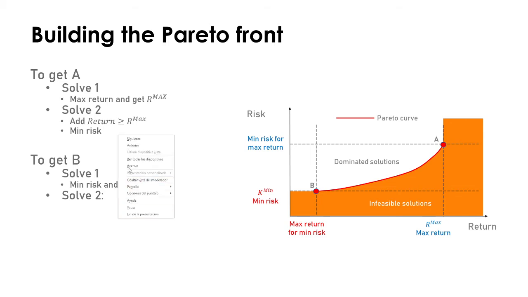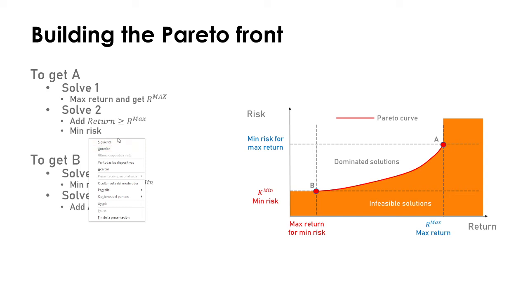So once we get the minimum risk we can obtain, next we solve again, and in this case, similar to what we did, we add a constraint, we bound our risk so that we don't allow our risk to go beyond that level. And in addition to that, we maximize our return, so that we are not getting any solutions in this area below that horizontal line, although we wrote risk less or equal than k min, because we know that this is the minimum value we can get.